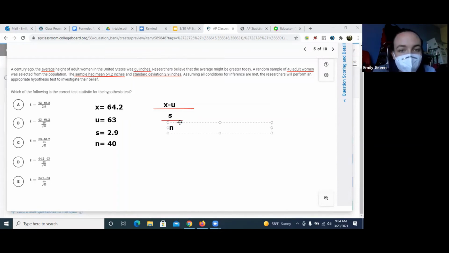Something that I like to do when I'm doing this is to include parentheses on the bottom, just because I want to remember that it's going to be plugged into my calculator, right? When I plug into my calculator, I need to have those parentheses.